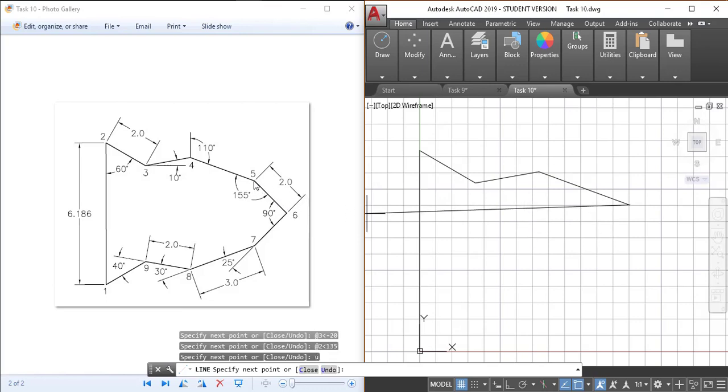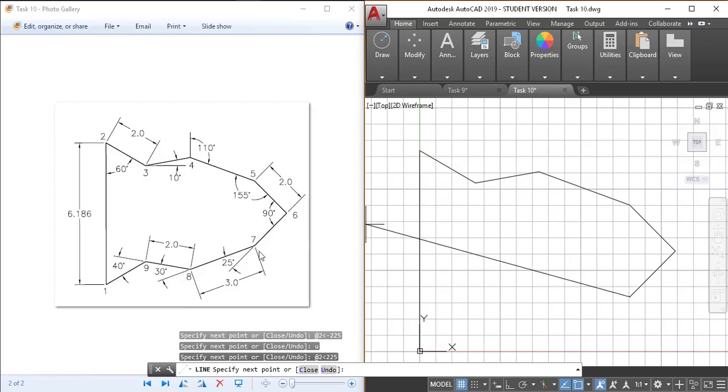So it means that this line is making an angle of minus 45 with respect to the positive x-axis. So the command will be @2<-45. For this line, if this angle is 45 with respect to the negative x-axis, the total angle with respect to the positive x-axis would be 180 plus 45, which means 225. @2<225.